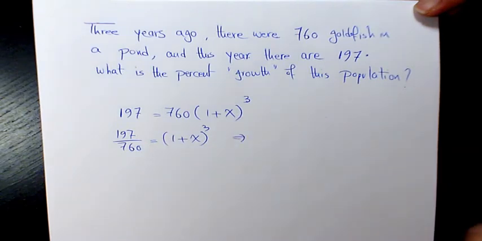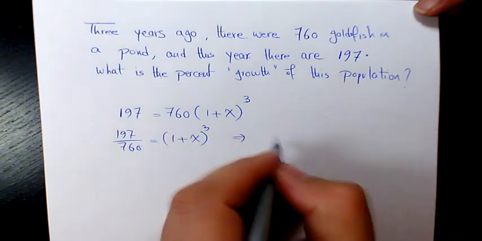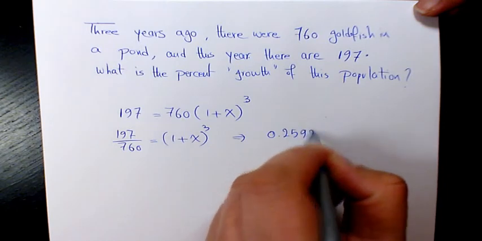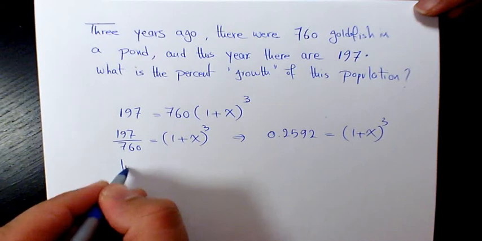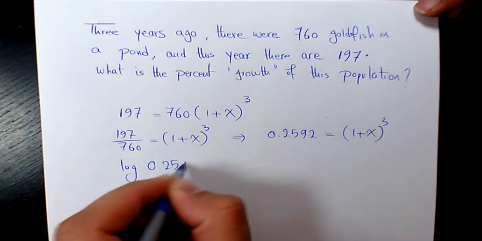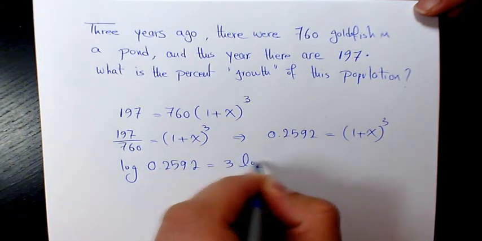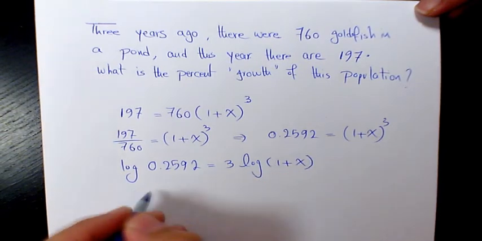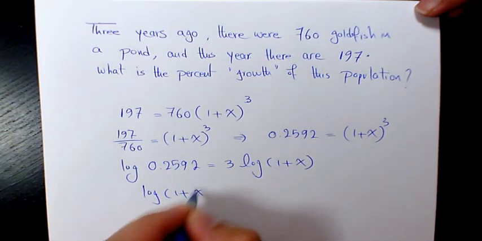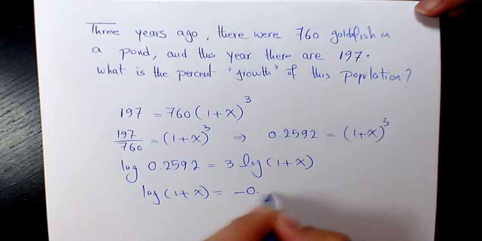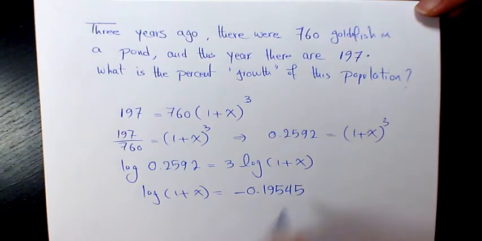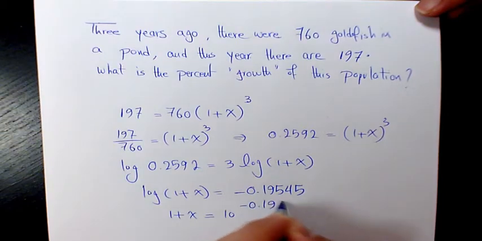So 197 divided by 760 is going to be 0.2592. Then you do log of both sides. So log 1 plus x is log 0.2592 divided by 3. That's going to be negative 0.19545. So 1 plus x is going to be 10 to the power of negative 0.19545.